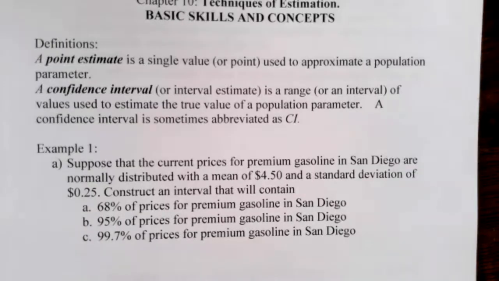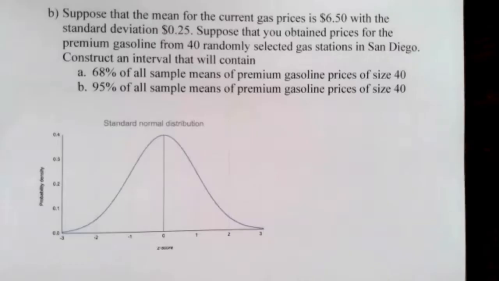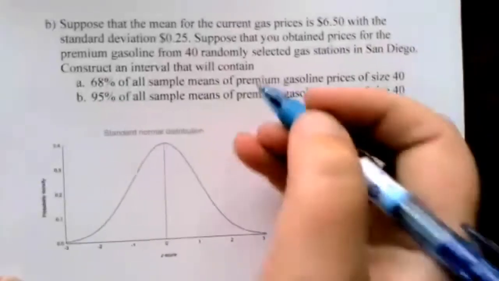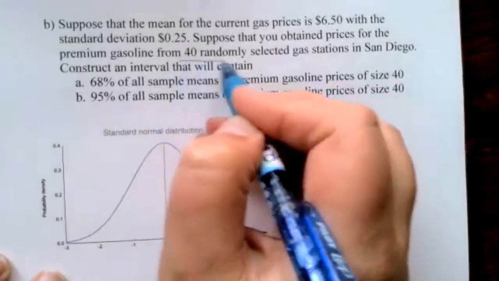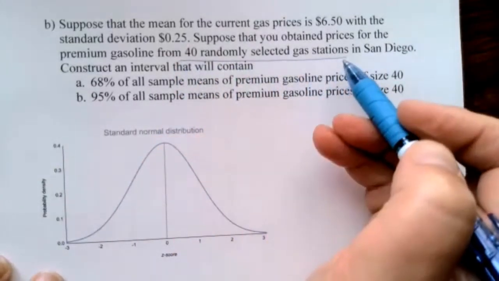But before we do that, I would like to offer you to take a look at two examples first. Suppose that the mean for the current gas price is $6.5 with a standard deviation of 25 cents. Suppose that you obtained prices for the premium gasoline from 40 randomly selected gas stations.